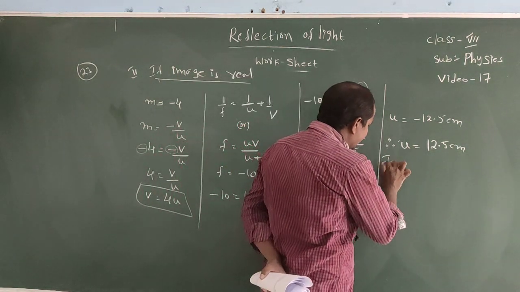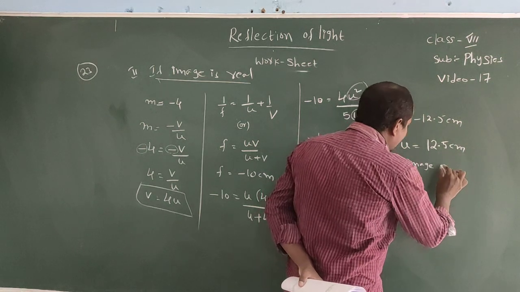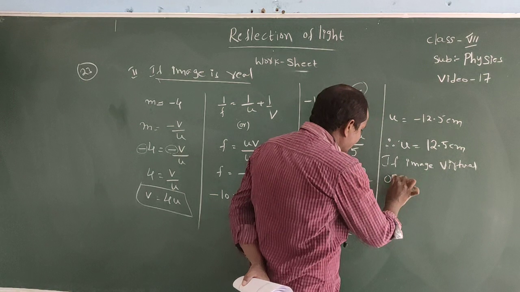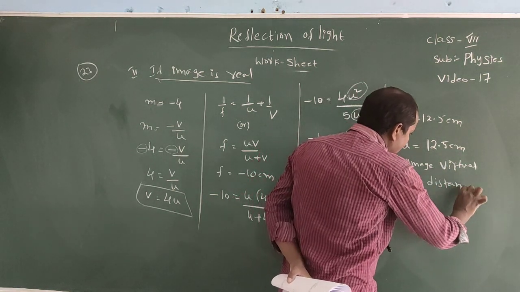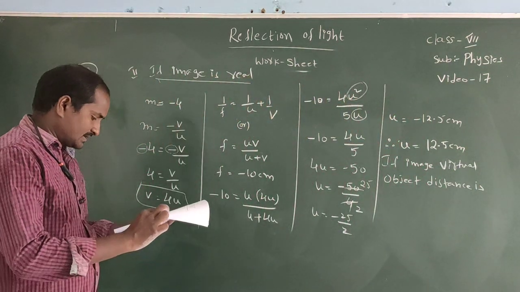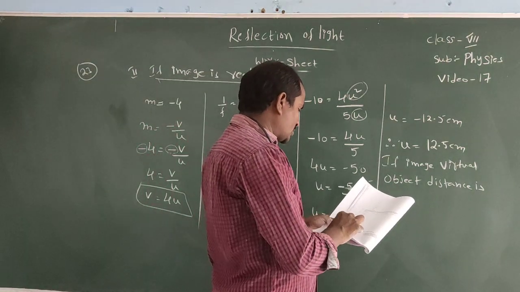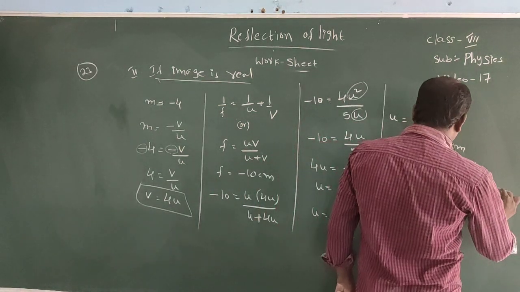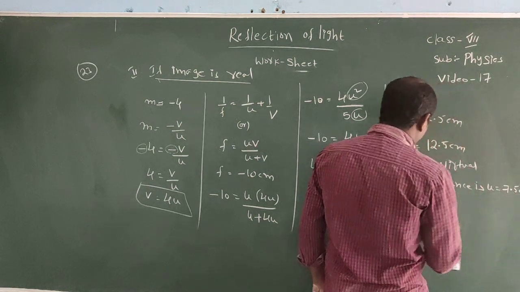If image is real... if image is virtual, object distance is 7.5 centimeters. Object distance u equals 7.5 centimeters.